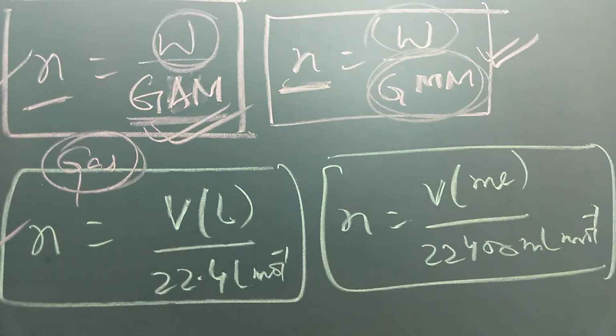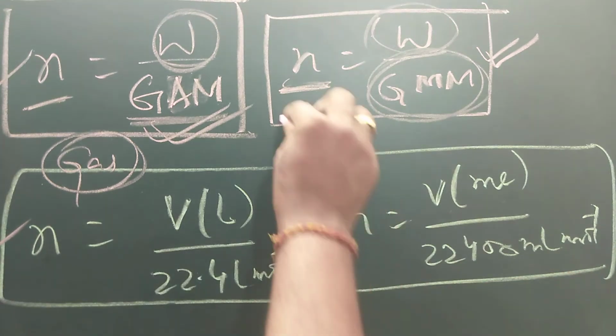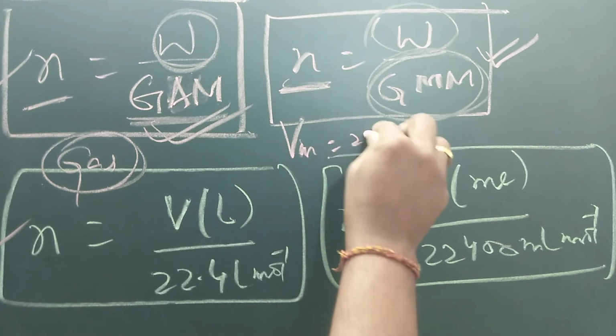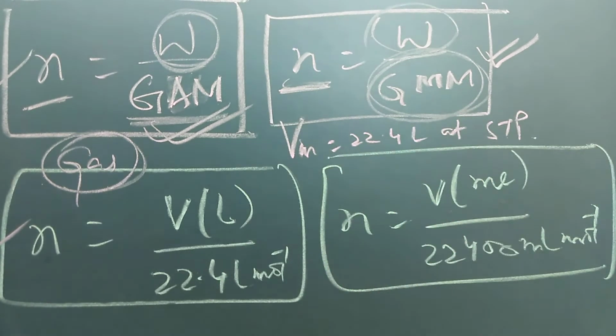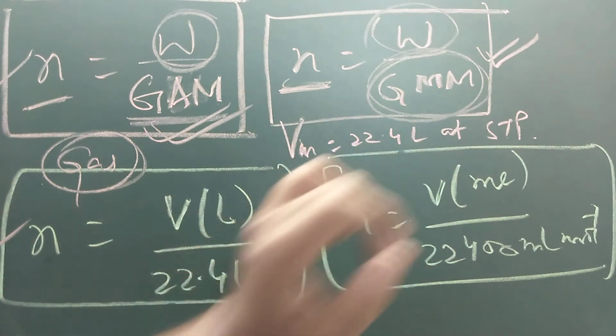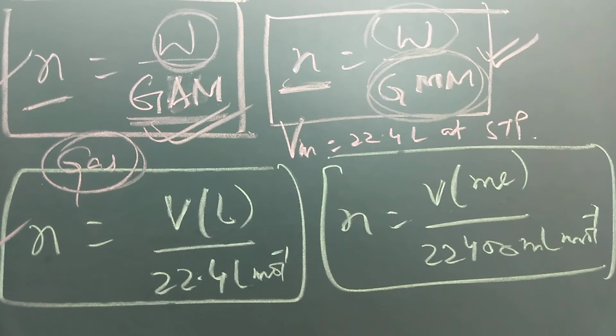Keep in mind students that the molar volume is taken as 22.4 liter at STP. Any gas irrespective of its nature occupies a volume of 22.4 liter at STP. STP is standard temperature and pressure, where the pressure is 1 atm and the temperature is 0 degrees Celsius, that is 273 Kelvin.